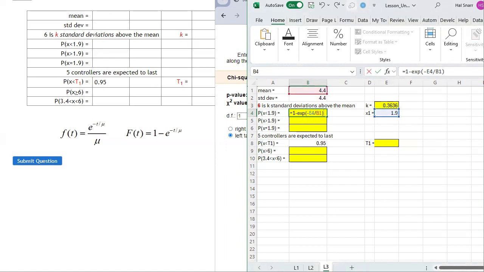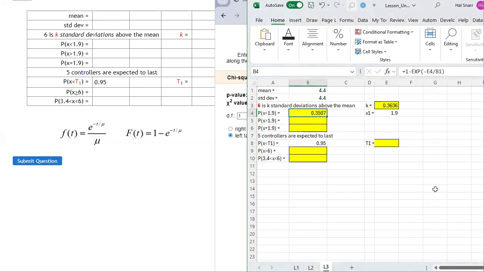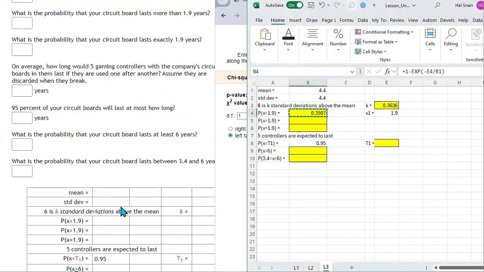So this is equivalent to typing equal norm dot dist, and you enter a value from the number line, in this case 1.9, and you enter the value for the mean, in this case 4.4. And then you'd put comma 1 for true. Let me change these to 4 decimal places. Okay, so the probability of being less than 1.9 is 0.3507.